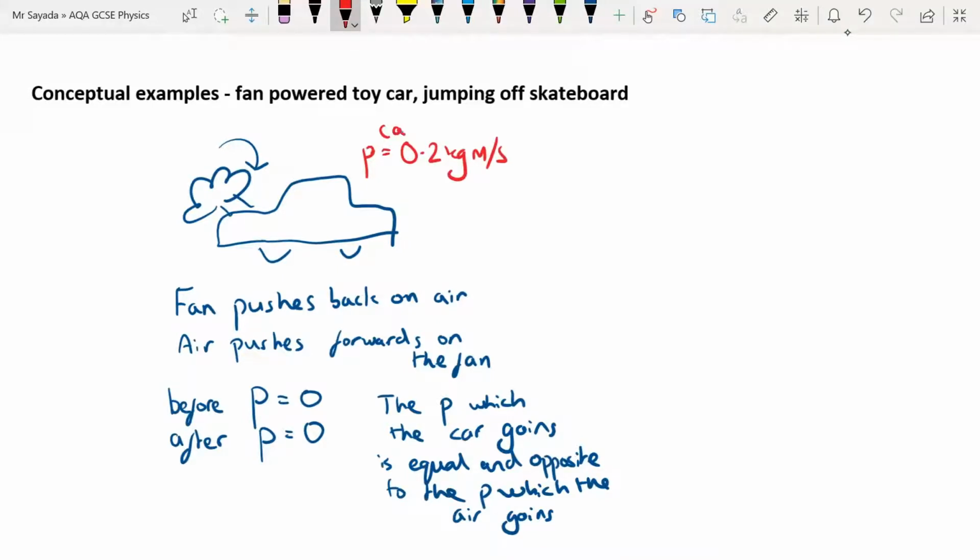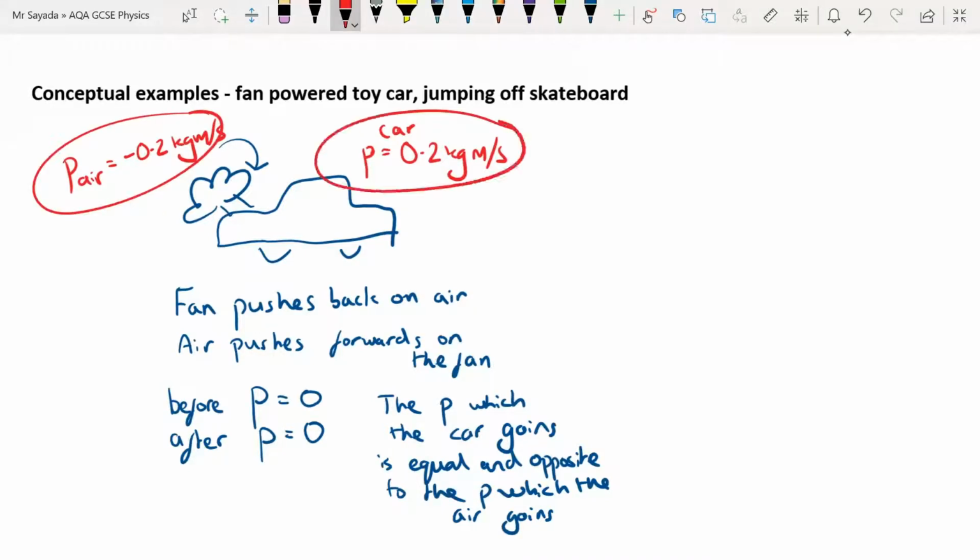So that's the car's momentum after we switch on the fan. Well, the momentum of the air will be minus 0.2 kilogram meters per second. When you add together this and this, what is the sum of minus 0.2 and 0.2? Say your answer to the video. You should have said 0 kilogram meters per second. So the momentum is still 0.